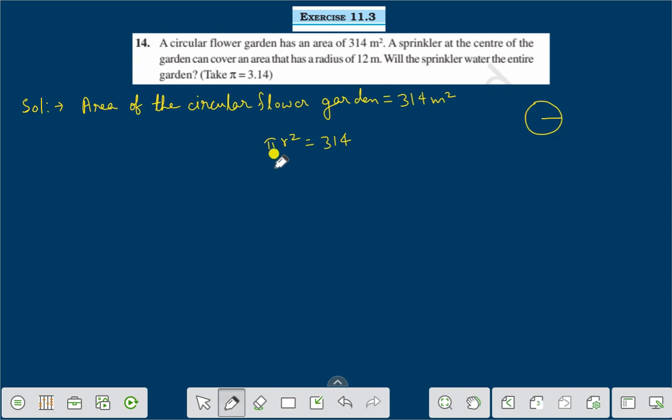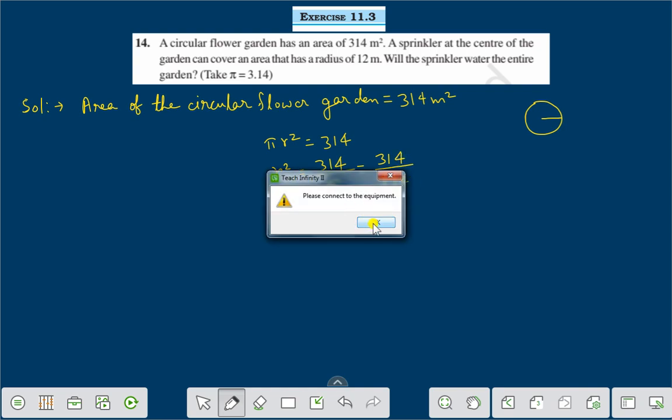Therefore, r square can be written as 314 by pi, that means 314 by 3.14.